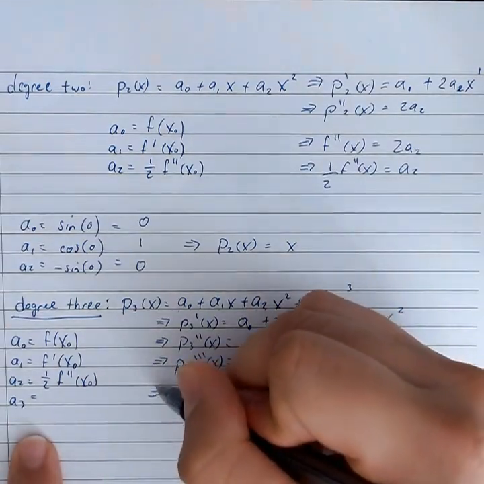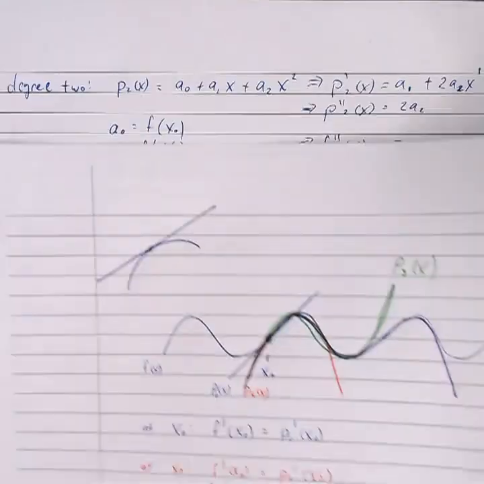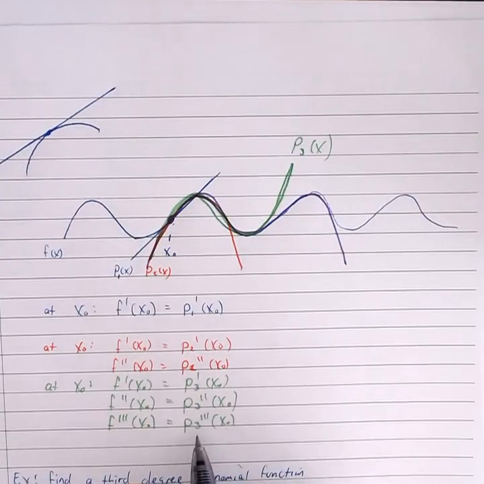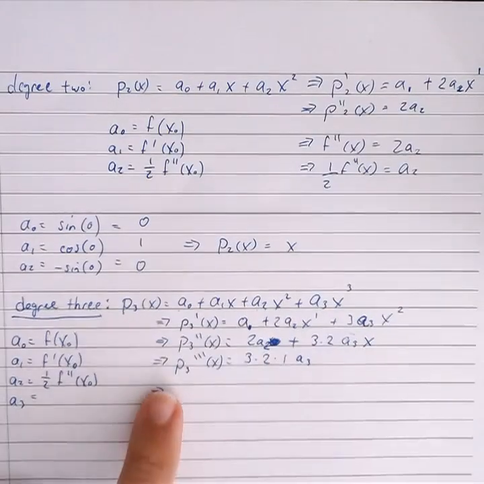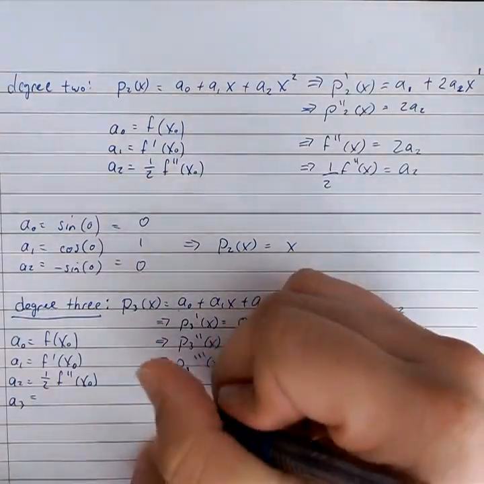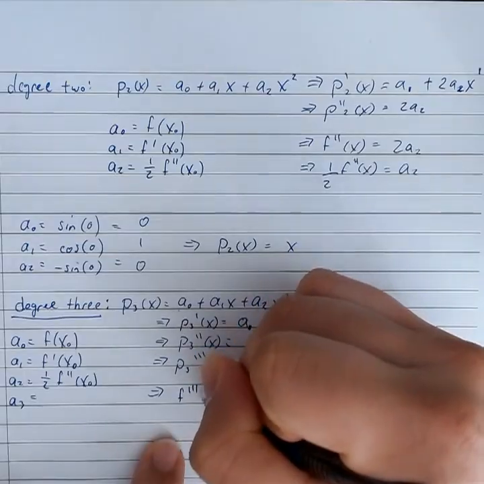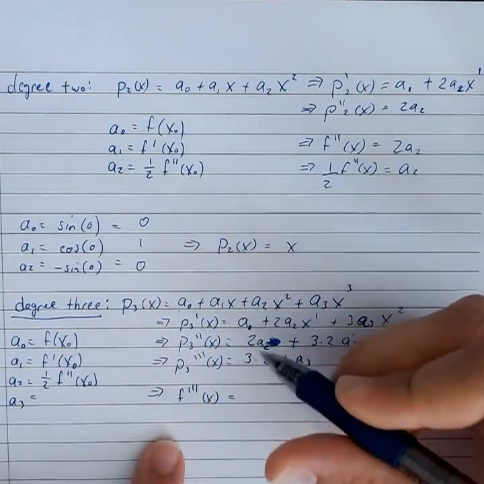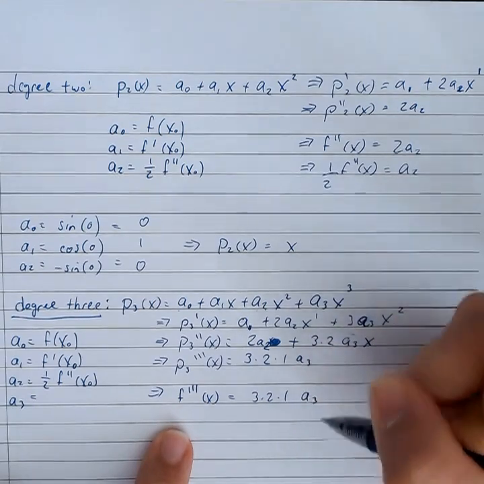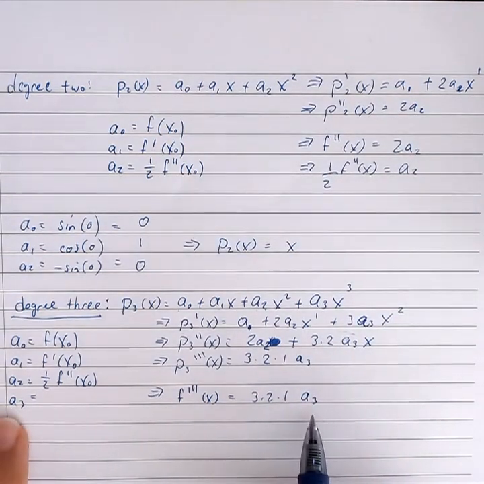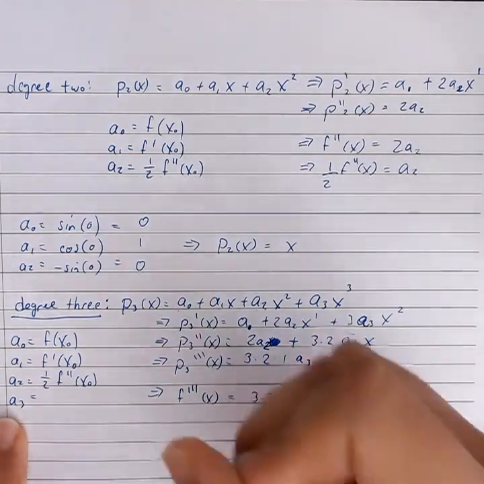But we saw that in order for this to be a third degree polynomial approximation, the third derivative of that polynomial should be the same as the third derivative of our function. So here, that third derivative of our polynomial should be the same as the third derivative of our function. Oh, well, that's going to be 3 times 2 times 1, a sub 3. But again, I didn't want 3 times 2 times 1 times a sub 3. I just wanted a sub 3.